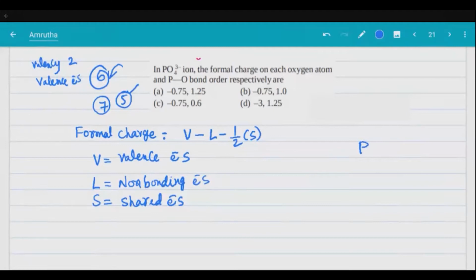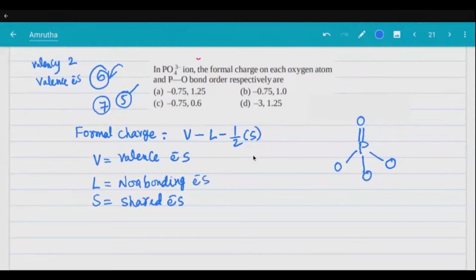So let us make 5 bonds for phosphorus with oxygen. Right, I'm making 5 bonds. But how many oxygens are there? Look at the structure. There are only 4, right? So I have written 4, but phosphorus valence is 5. So what I'll do, one extra bond I'll make.